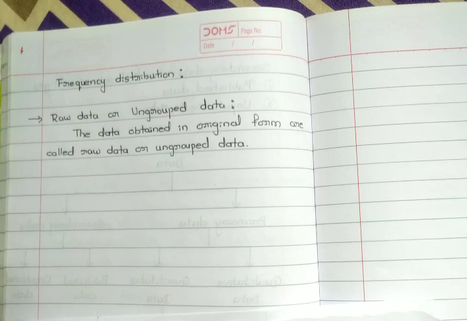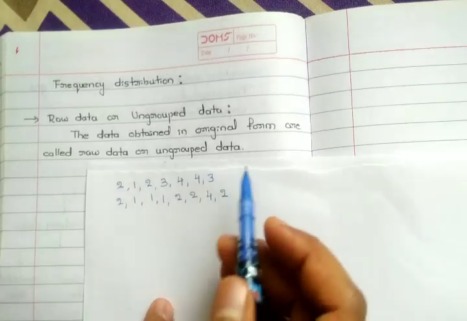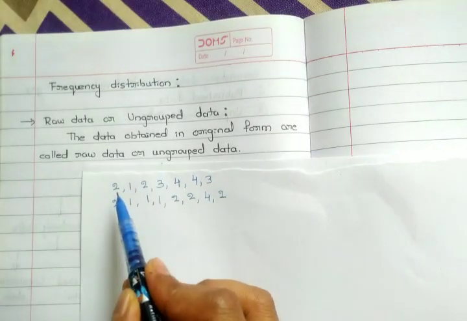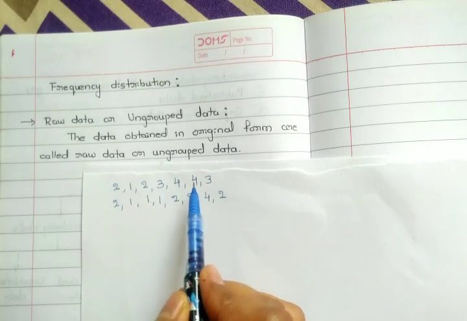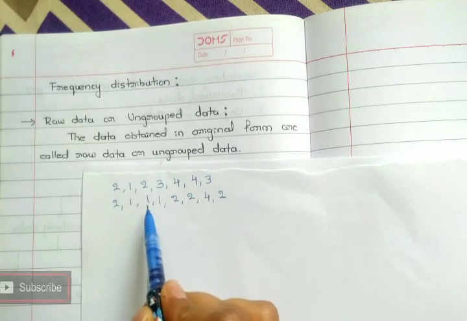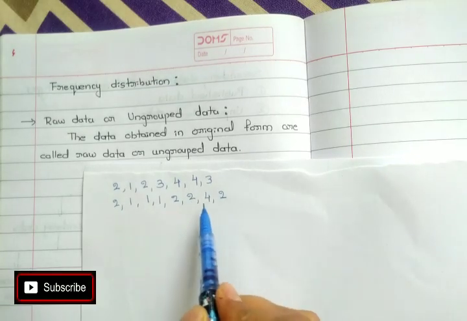Later I am going to note down all the answers randomly. Suppose like this: the first family told me 2 children, and like that 2, 1, 2, 3, 4, 4, 3, 2, 1, 1, 1, 2, 2, 4, 2.